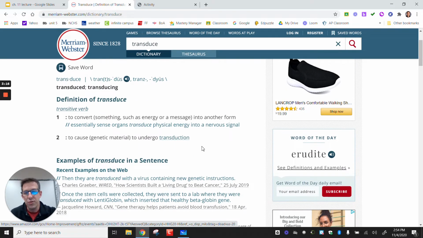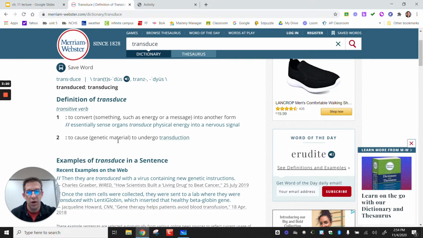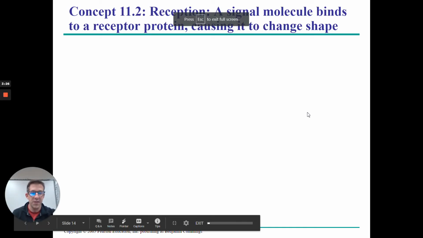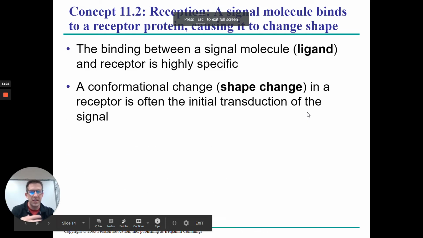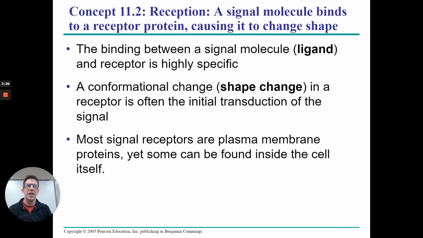To transduce means to convert into another form, or to cause or undergo. Okay? And that's effectively what we're doing in this process. We are changing things. We're taking a signal and we're transforming it or transducing it, changing it into something else that our cells can actually understand. And when they can finally understand this signal, they will then respond to this signal.